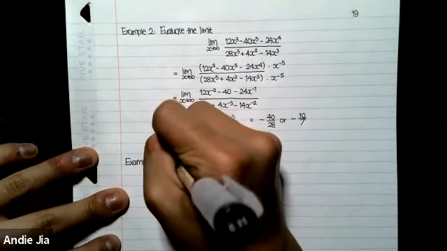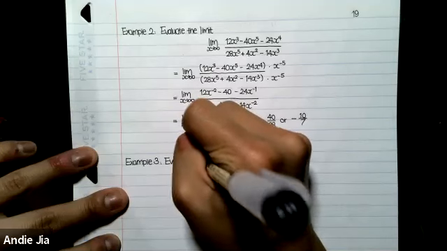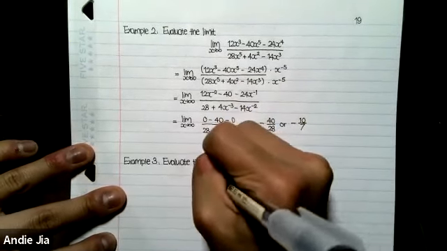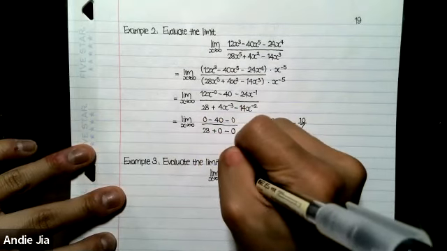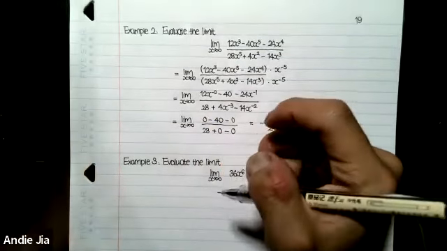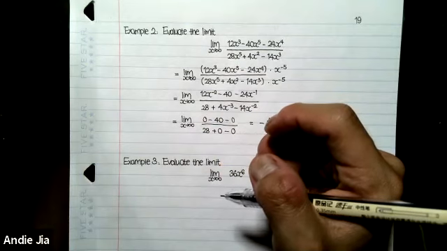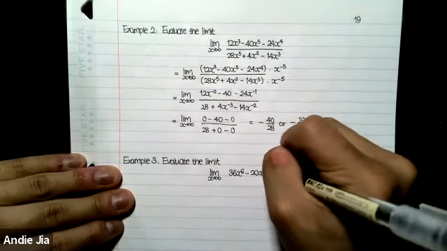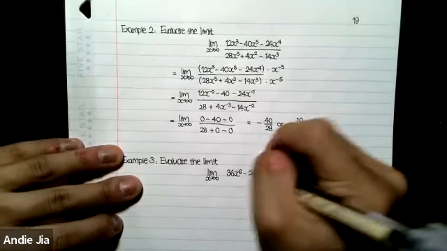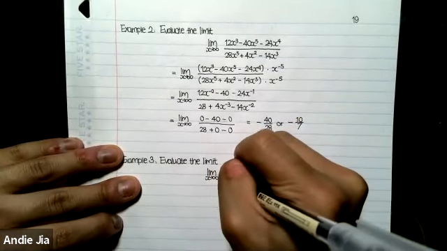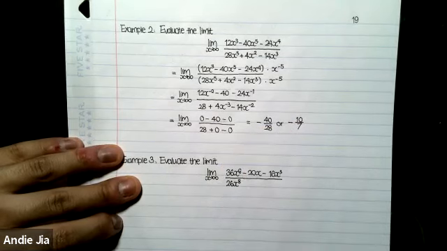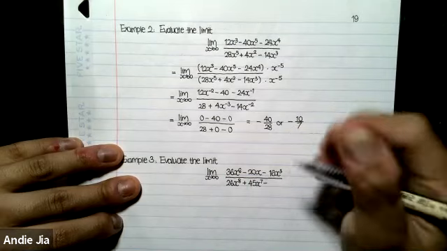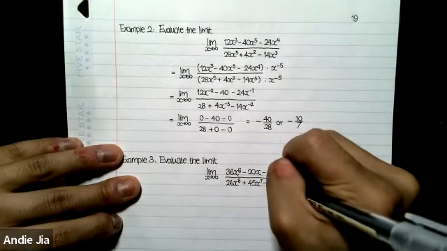Evaluate the limit. 36x to the 3rd minus 20x minus 16x to the cubic over 26x to the 8th plus 45x to the 7th minus 9x to the 9th.